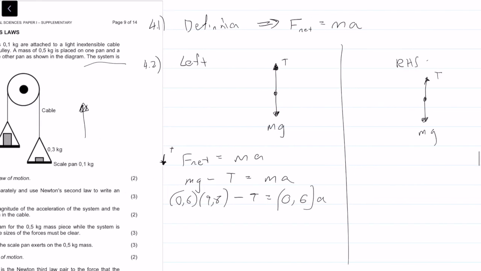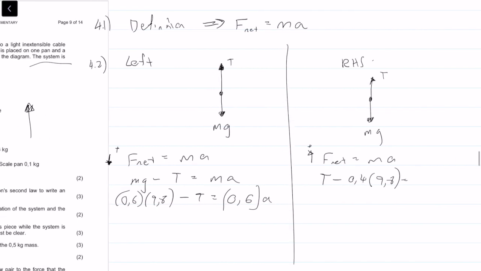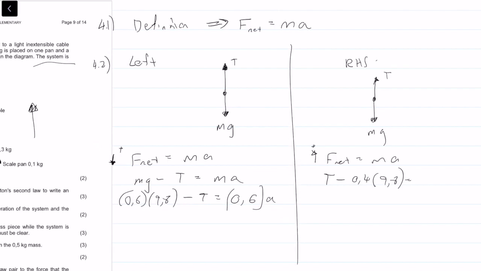So we're going to say up as positive, and F net is equal to ma. F net is going to be T minus 0.4 times 9.8, is equal to the mass this time, 0.4, times the acceleration.